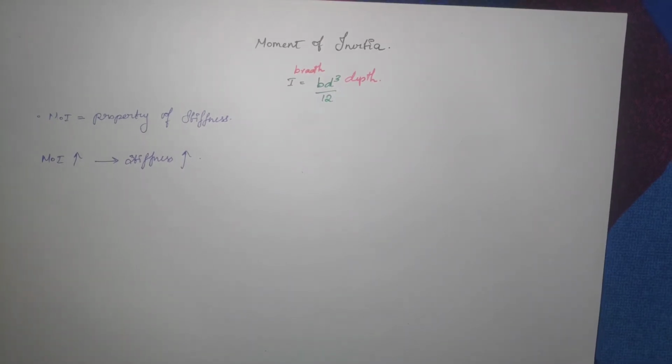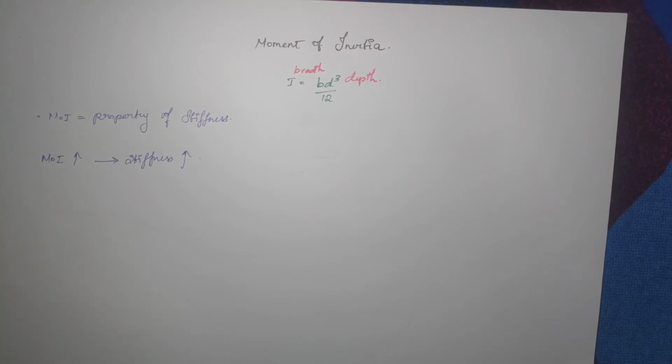And specifically, compared to breadth, the depth will increase the moment of inertia more, because depth has the cube. If you provide 3 meters as depth, it gives 3 cubed: 3 times 3 is 9, and 9 times 3 is 27. So the value is increasing rapidly.